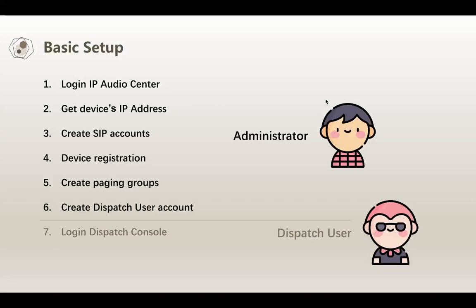After you get logged into the IP audio center, you'll need to get the device IP address and create the SIP accounts, make the device registrations, create the paging groups and dispatch user account, and also log in to the dispatch console. So I will be switching this screen and showing you step-by-step how to do this basic setup.